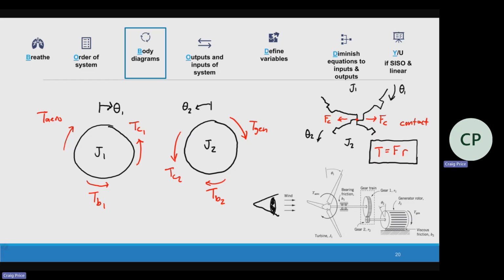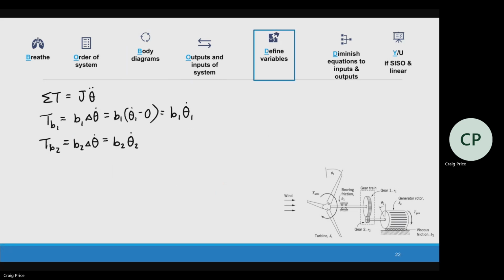So we're going to use that for our definition. The force is going to be the same for both of them. We just have a different radius. So TC1 is equal to the contact force times R1. TC2 is equal to the contact force times R2.